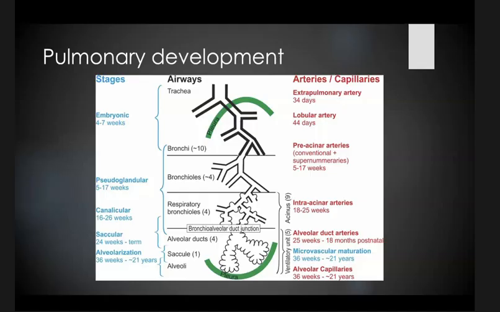So we'll talk about pulmonary development and some of the abnormalities that can happen in the baby's lungs. So basically, the airway starts about a month into the embryonic stage and continues almost to 36 weeks, with the bronchi first, and then bronchioles, and then the respiratory bronchioles, and then the alveoli.